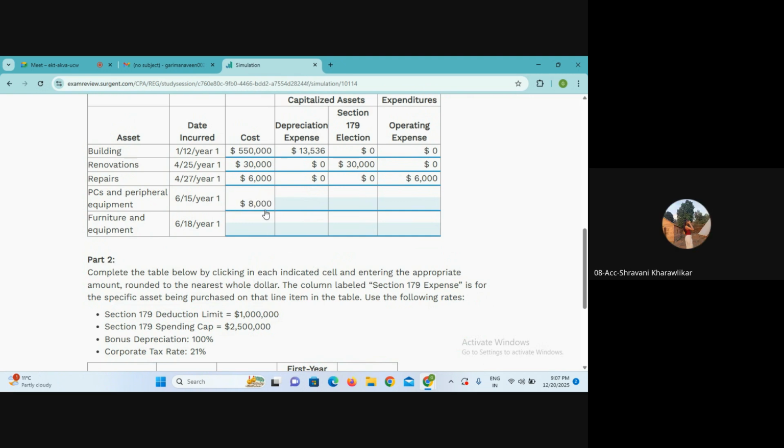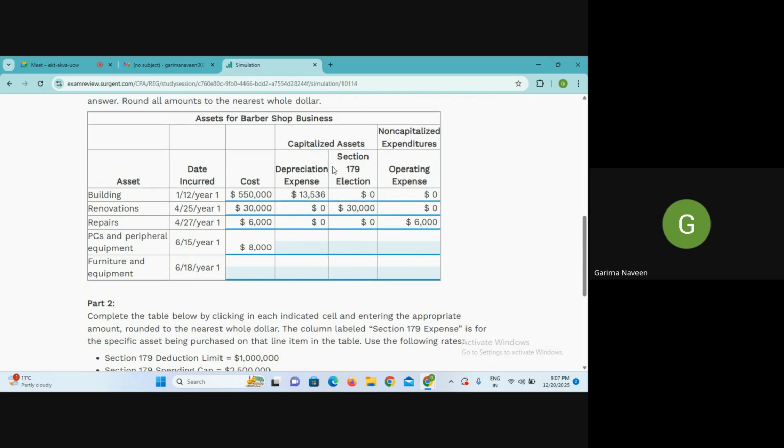Yes, ma'am. So it will not be an 8,000 expense. ठीक है। So 8,000, will it be an expense or will you capitalize these assets? Ma'am, depreciation expense. Okay, so capitalize करोगे। So in capitalize you can claim 179 or depreciation first. So 179 आप first claim कर सकते हो, तो computer and equipment पे मिल जाएगा आपको 179 expense या नहीं?